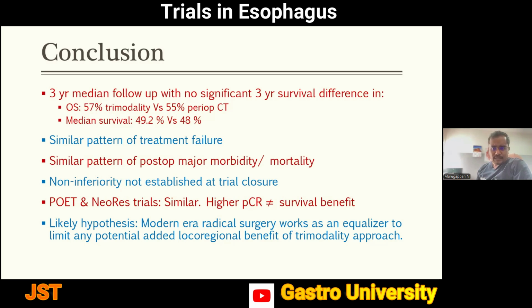Another thing, I just saw someone in the group asking about the ESOPEC trial, which is a trial which looked at FLOT versus CROSS. The FLOT aspect of neoadjuvant therapy was just 15%, so they couldn't do a subgroup analysis to see whether FLOT actually benefited these patients better than MAGIC or modified MAGIC. ESOPEC has come out with its abstract recently, and it did show a better pathological complete response, to the tune of 19% more, in perioperative chemotherapy with respect to chemoradiotherapy.